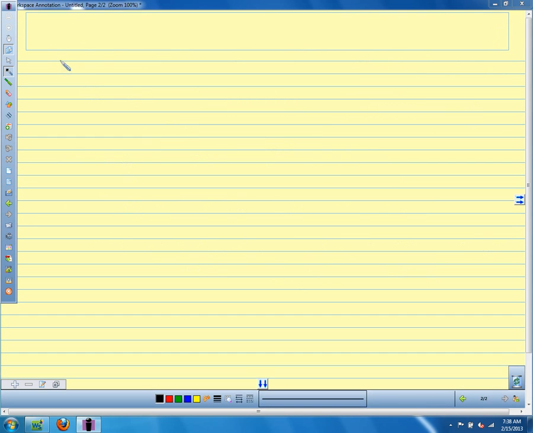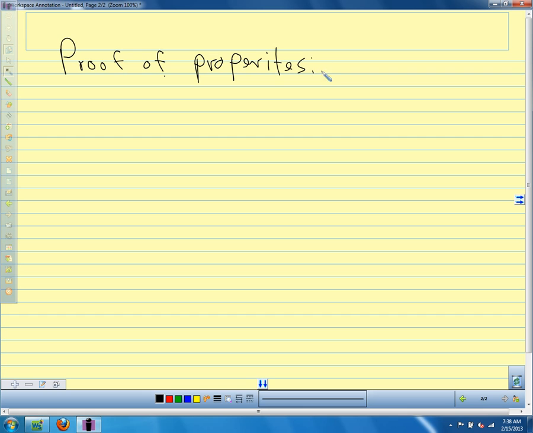So, proof of properties. The first one, we said if del f equals 0, then the directional derivative of f equals 0 for all unit vectors.